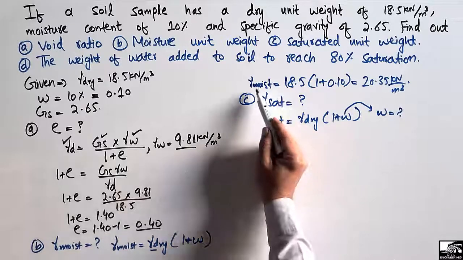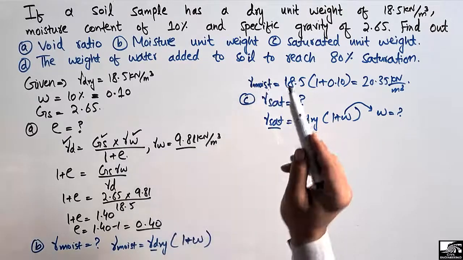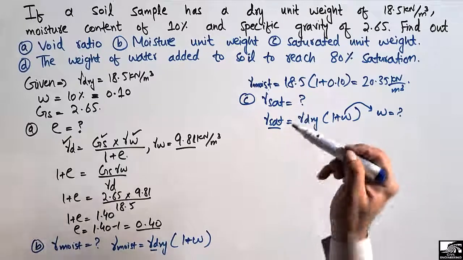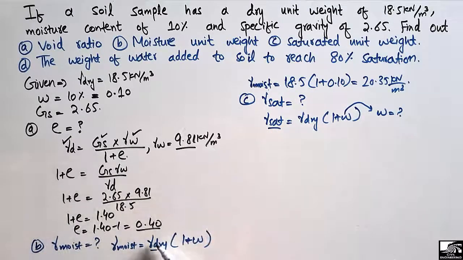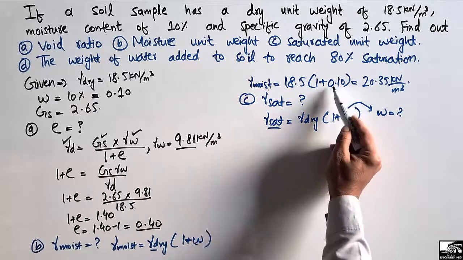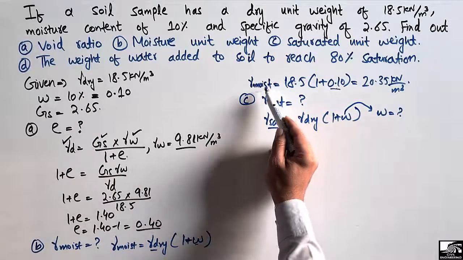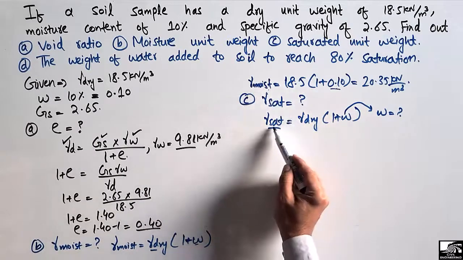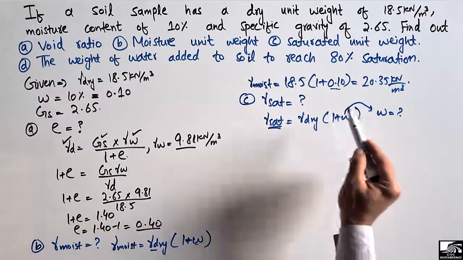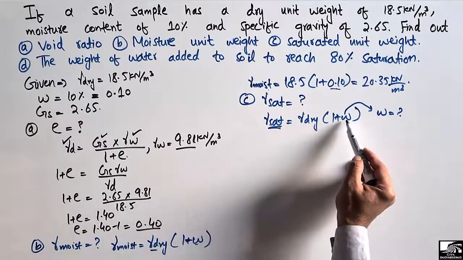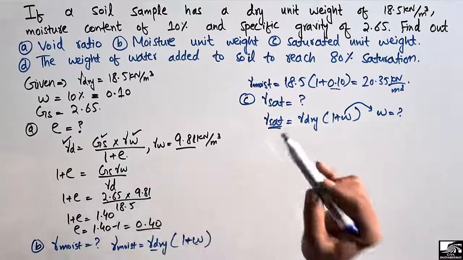Before, it was the moisture unit weight, and in that case we knew that the moisture content present in the soil sample was 10%, so we plugged this 10% in to find the gamma moisture. But in the case of saturated unit weight, we don't know our water content. So first of all, we have to find out the water content for saturated soil.